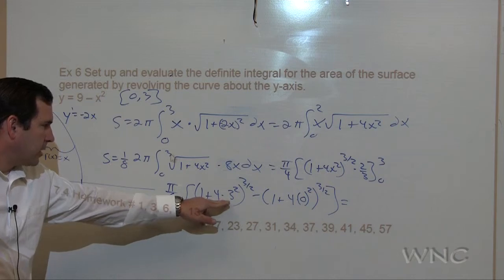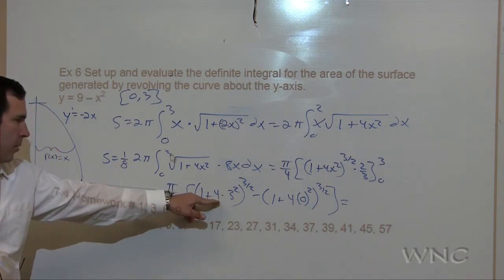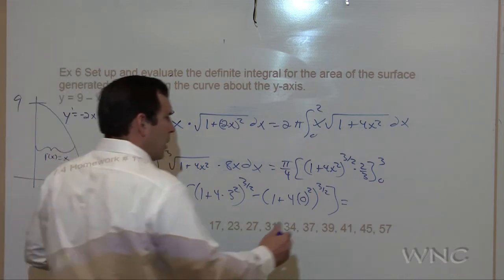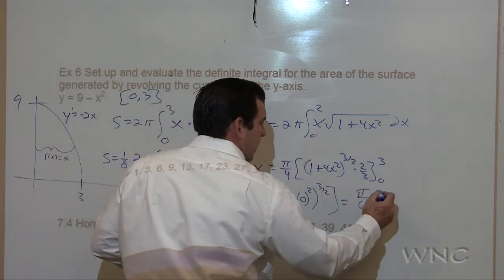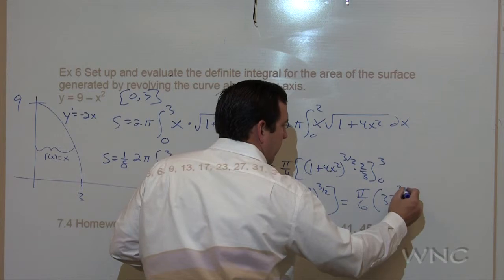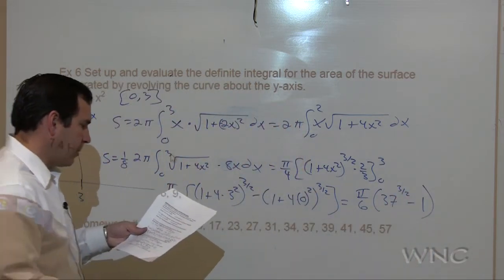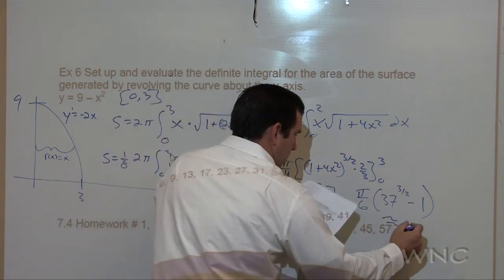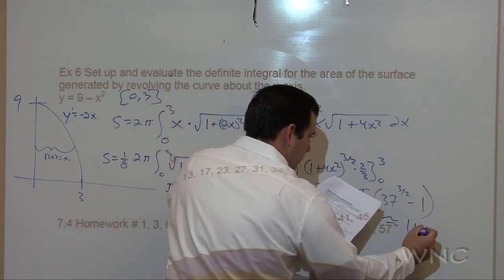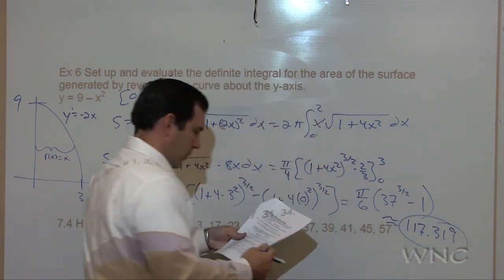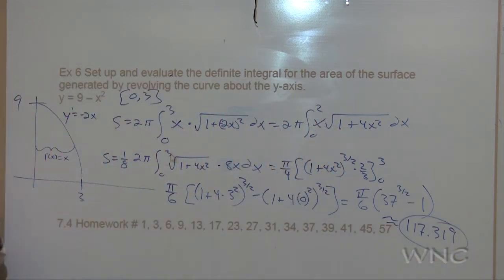Okay, let's see, 3 squared is 9 times 4 is 36 plus 1 is 37. So it's pi over 6 times the quantity 37 to the 3/2 minus 1. And our decimal approximation is 117.319. Okay. And that's the end of 7.4.